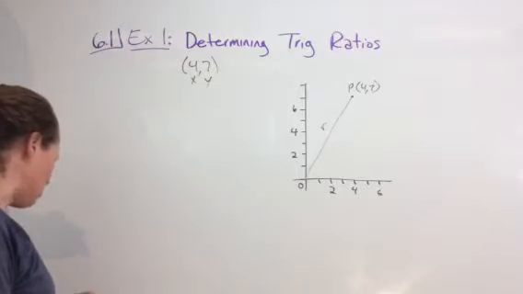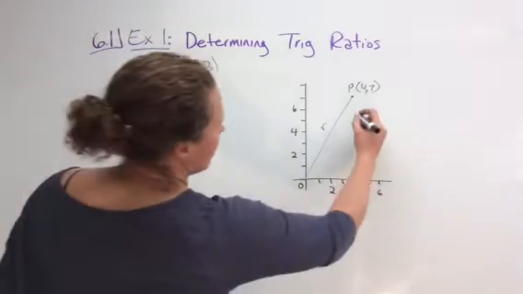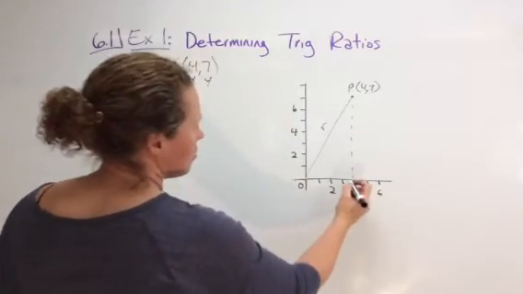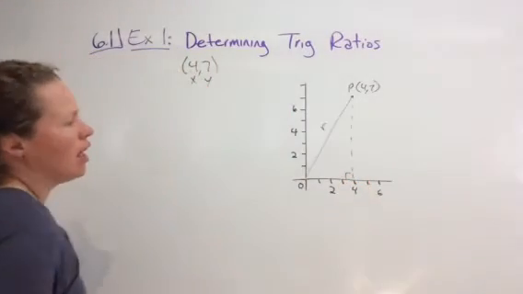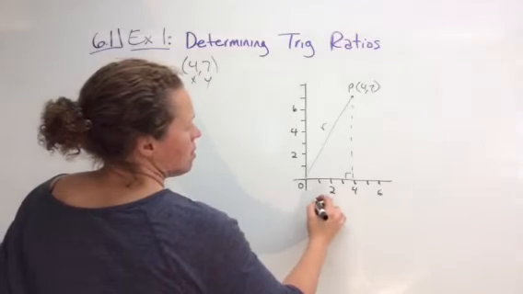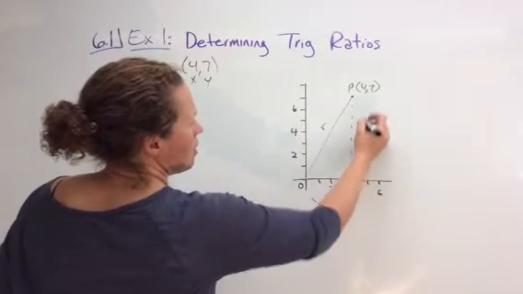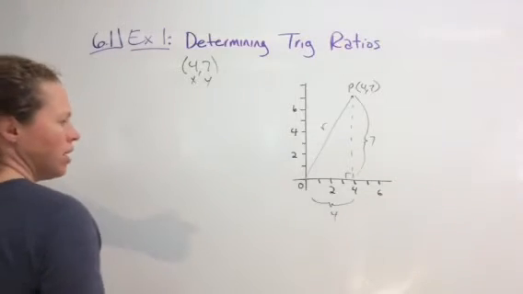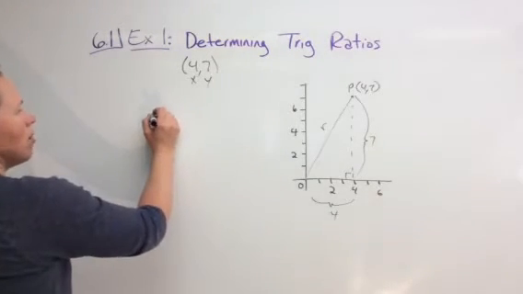So they say, what is the distance r? Well, I can draw my little triangle down here. Whoa, that was kind of a funky line, but you'll just have to deal with it. And recognize that this distance here is 4, and this distance here is 7. So I can use the formula that we came up with last time.